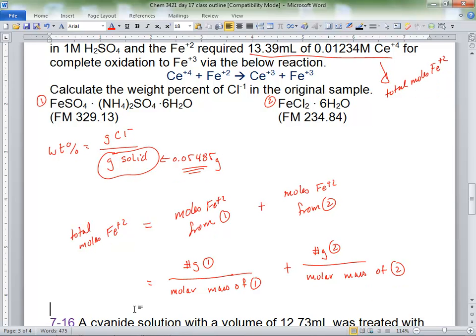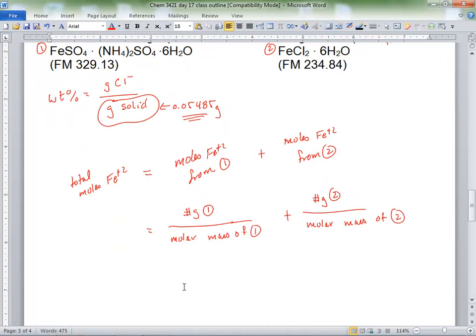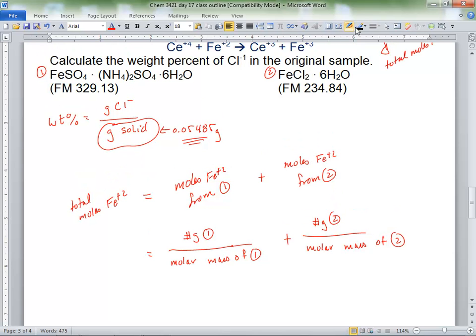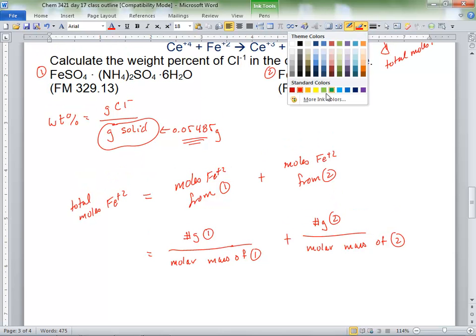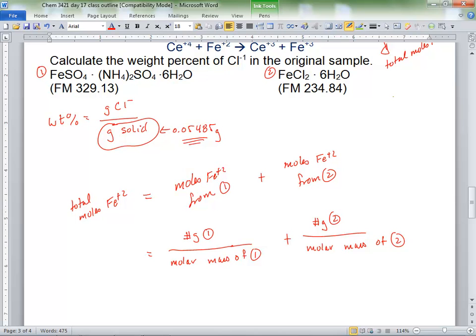Now let me show you. Maybe that's where the trick is. I don't think so. To me, this is where I think the trick is. Let's change colors here. Trick color to green. Let's let X equal the number of grams of compound 1, right?